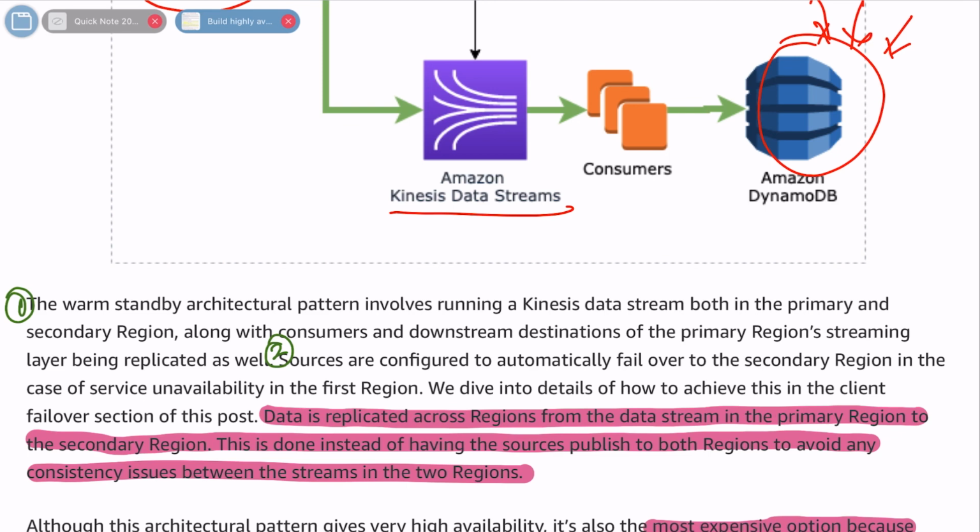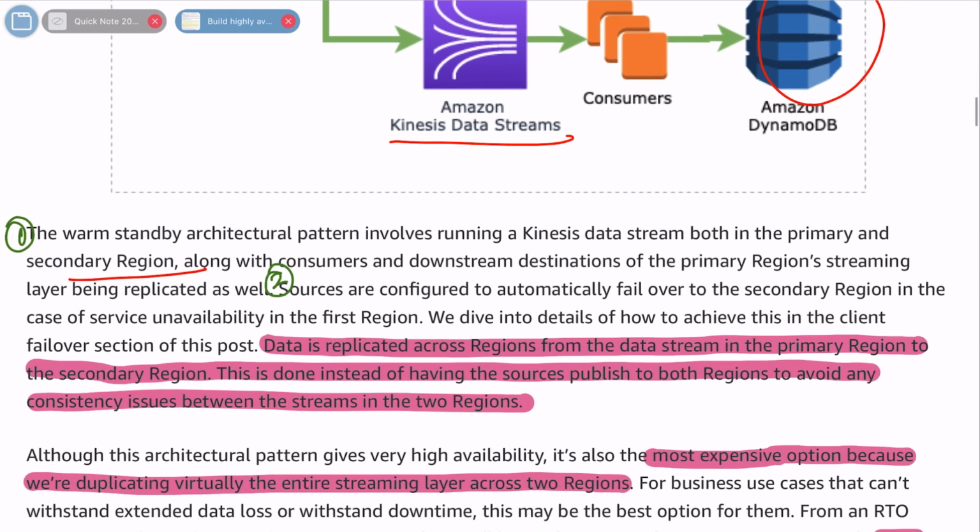Now the warm standby architectural pattern involves running in both the primary and secondary region. Okay, this we already discussed.